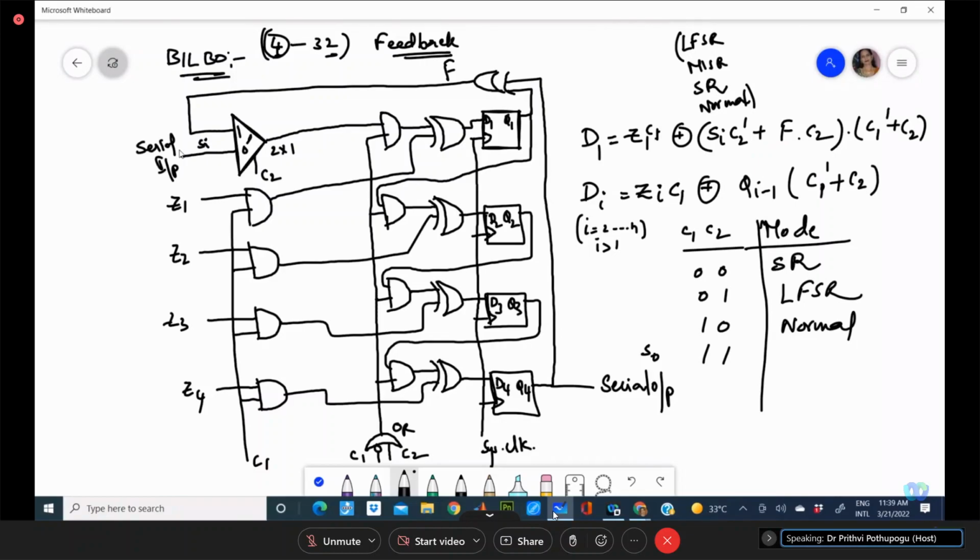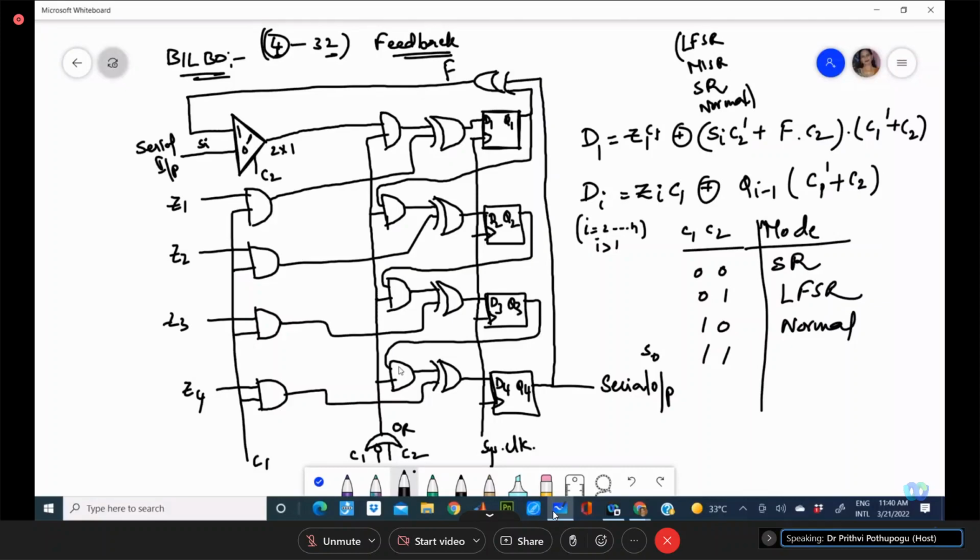Are you taking the feedback parameter? No, the feedback path is disconnected. Only the external inputs are connected to the normal shift register. That means one flip-flop response will be fed to the next flip-flop. That means it's a normal storing of data.